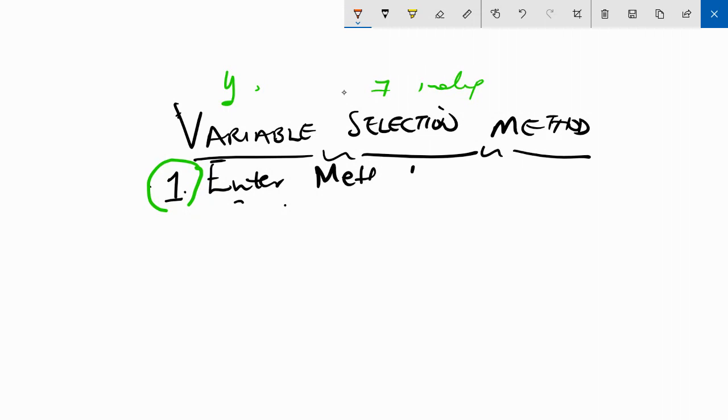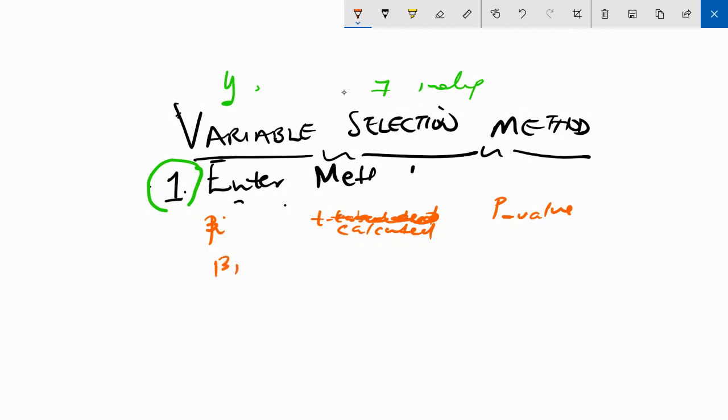This method will give you what? The BIs together with what? T calculated, not T tabulated, T calculated, and the P value.